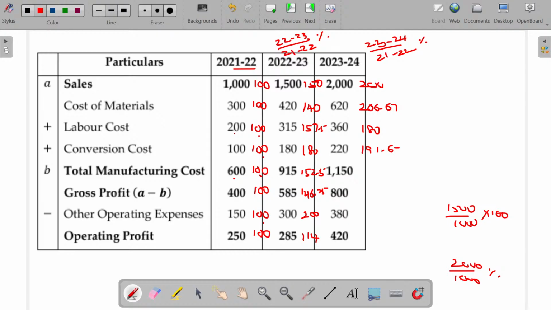Sorry, this remains 220. 1150 divided by 600, 191.67. 800 divided by 400, 200, and 380 divided by 150, 253.33, and 420 divided by 250, 168. Hope you'll now be able to understand this one.